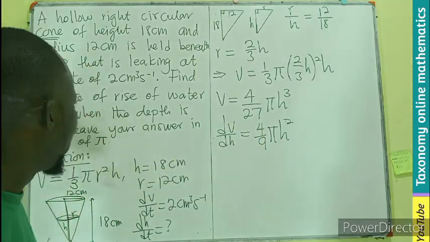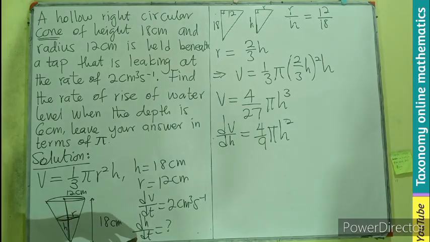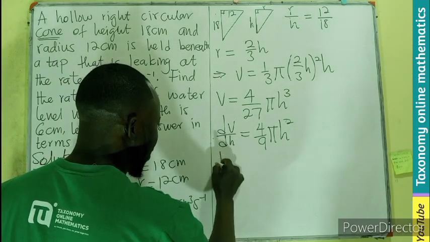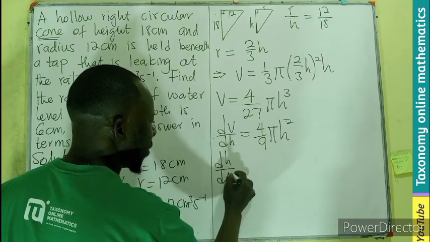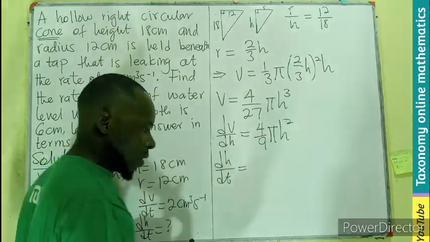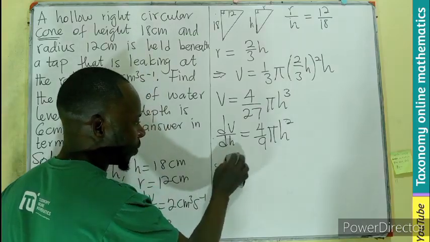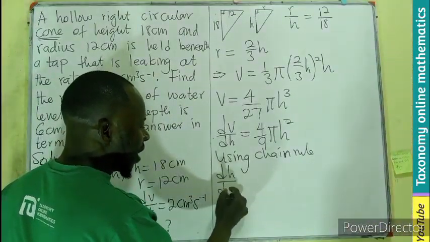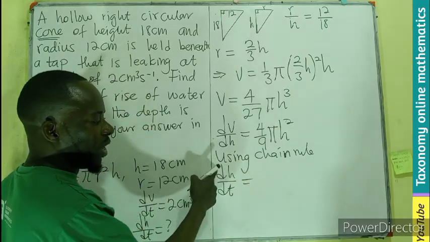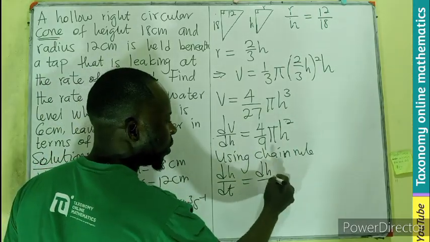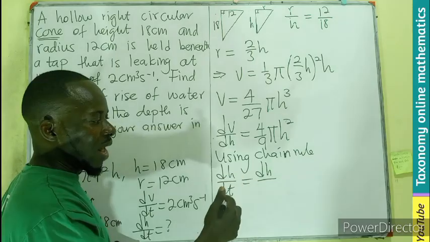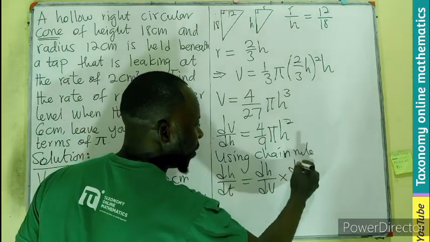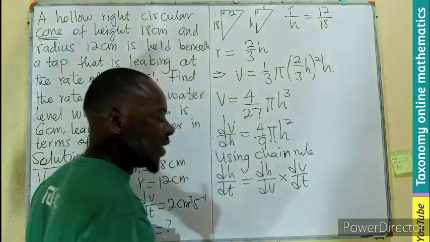The next thing is to find the rate at which this is increasing, the height, which is dH/dt, by chain rule. Okay, let me state it. We can say that dH over dt equals, we begin with dH divided by the next parameter, which is going to be dV, times dV over dt.